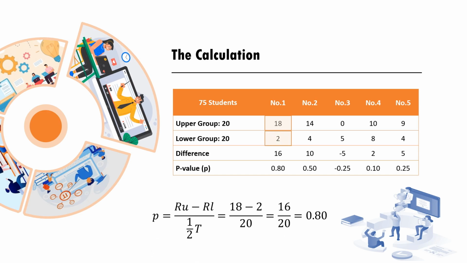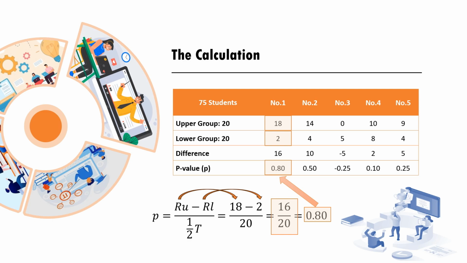In our case, RU is 18 and RL is 2. Since the actual value of T is 40, a half of T would be 20. And so 18 minus 2 is 16, divided by 20 equals 0.80. So the discrimination power of item number 1 is 0.80.